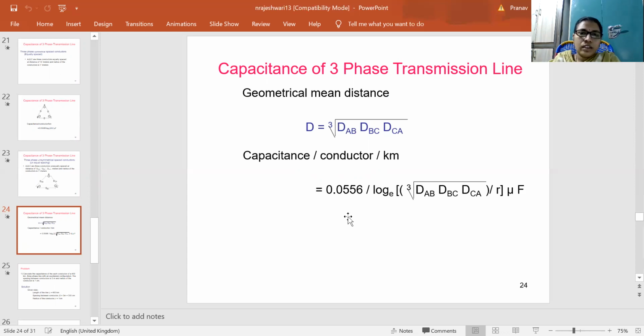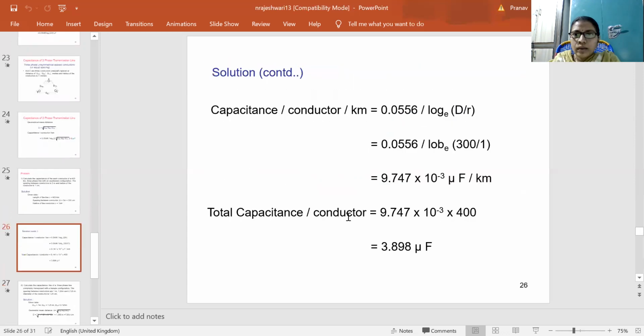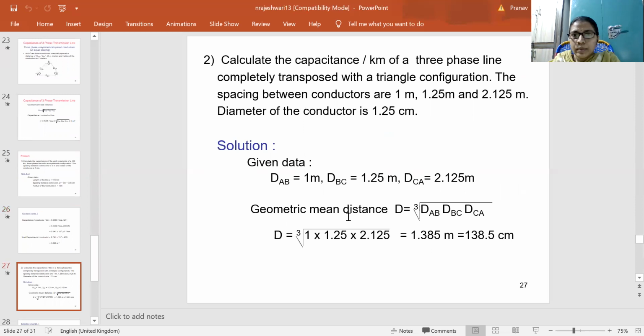So these are the formulas for capacitance of three phase symmetrical, single phase, and three phase asymmetrical spacing of conductors. One more classification is the transposed configuration.